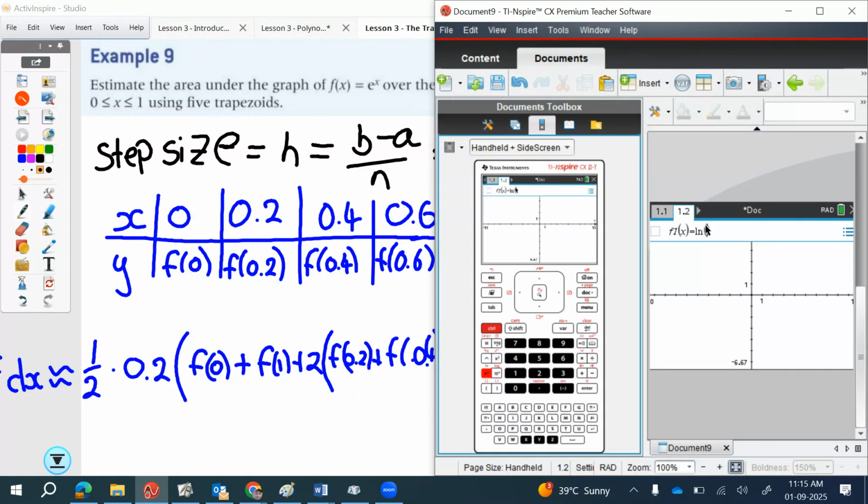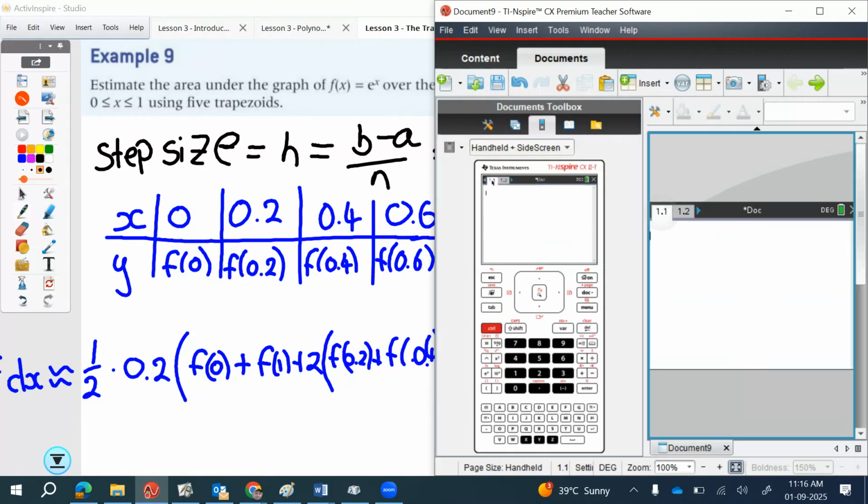We have the function e to the x. Press enter, go back to the calculator page.